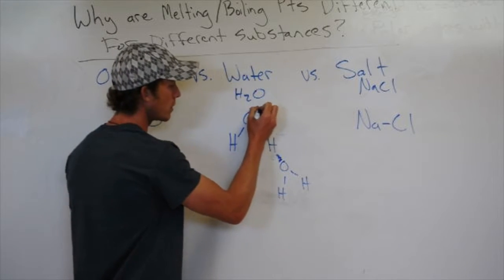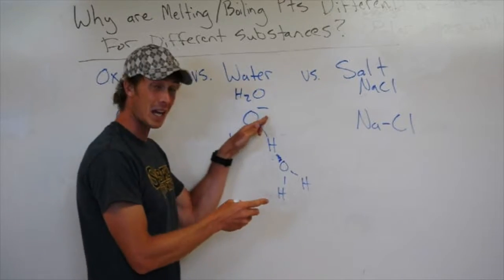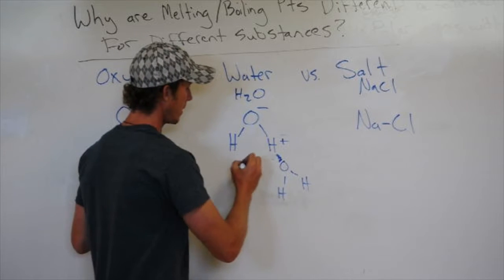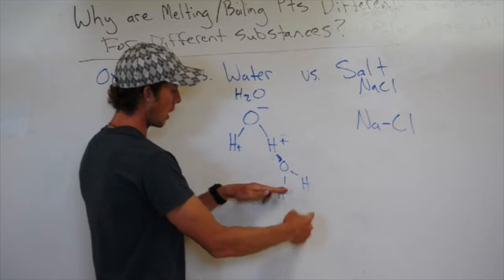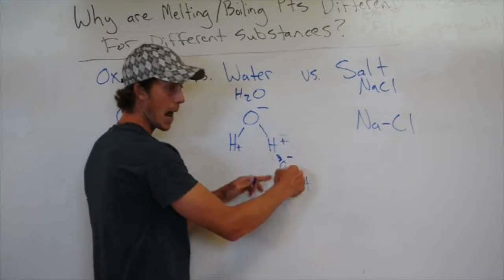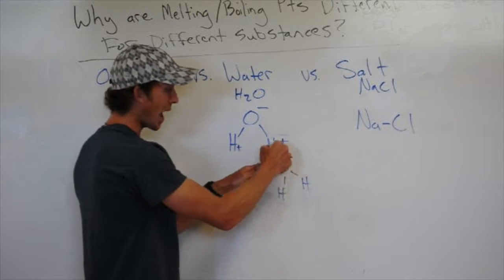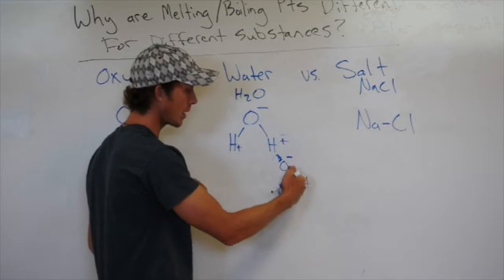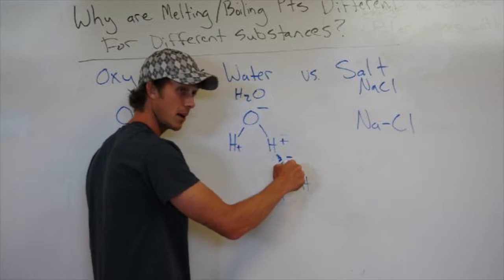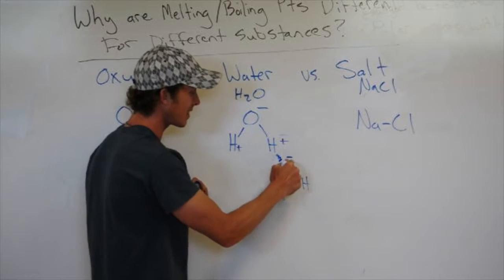Oxygen likes electrons, and electrons are negative. So you have a negative side, and you have a positive side. So obviously another water molecule is going to be opposites attract. They're going to be attracted to the positive side on the hydrogen, and the hydrogen is going to be attracted to the oxygen side because it's negative.